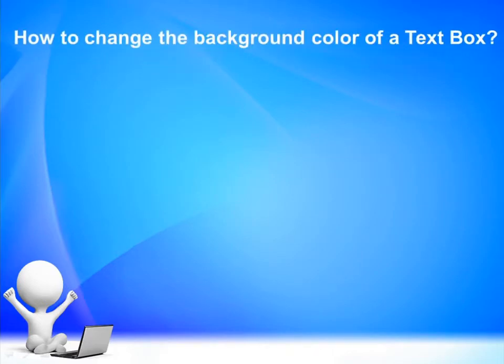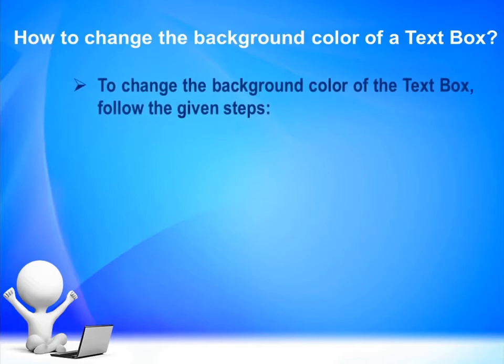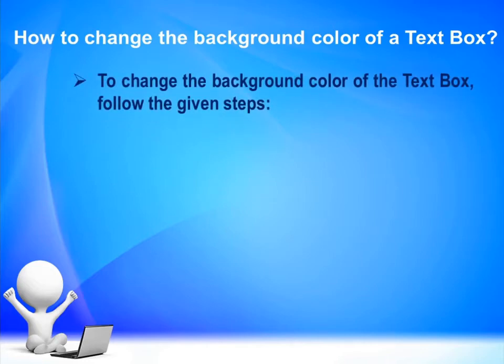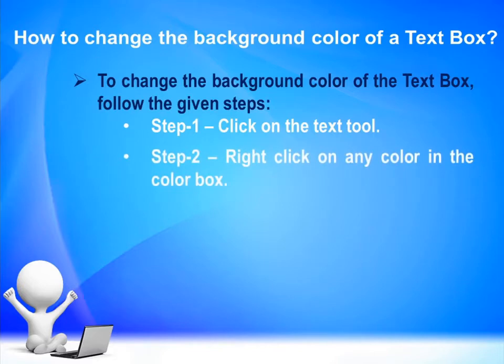Next, how to change the background color of a text box. To change the background color of the text box, follow the given steps. Step 1. Click on the text tool. Step 2.